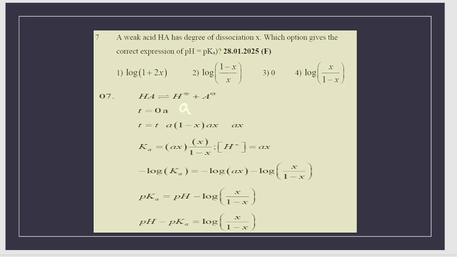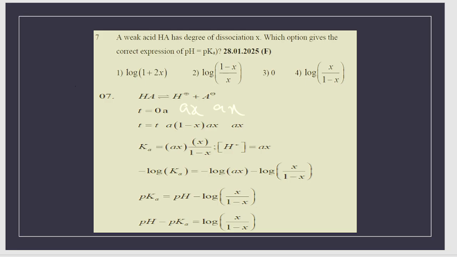Then as X is the degree of dissociation, AX moles of H plus ion and AX moles of A minus ions will be produced, right? Then if we substitute in the equilibrium constant expression, you will get AX into X by 1 minus X, and H plus ion concentration is equal to AX here. pH minus pKa, if we consider, you will get a log of X by 1 minus X.